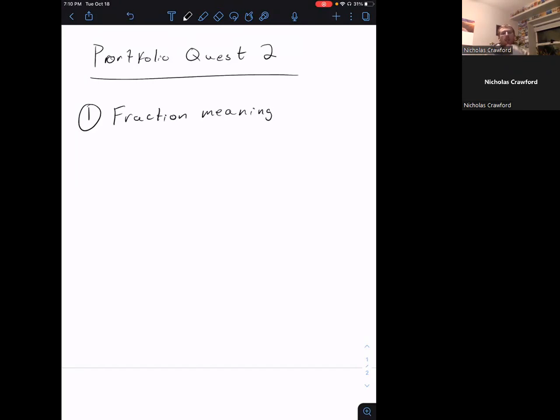So this is identifying, representing, and comparing fractions. So something that could be on there is what is larger, 3/4 or 5/8. And you'll have to give 2 different strategies as to why this is true.